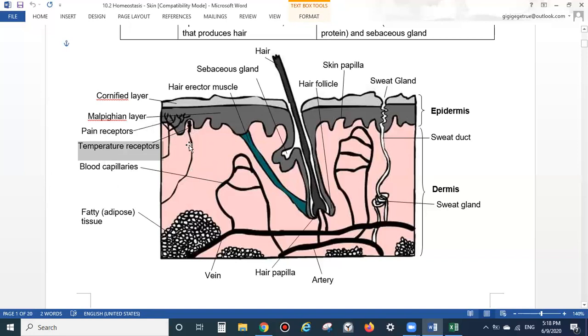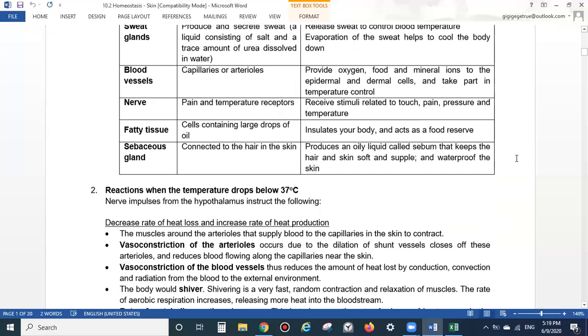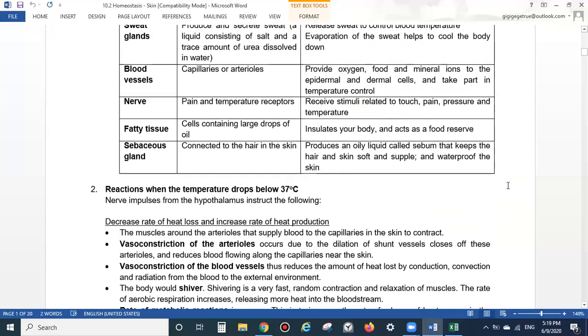Your pressure receptor is always helping you to decipher whether it is a very low pressure or a very high pressure being pressed onto your skin. If it's very high pressure, it will become unbearable and it becomes pain. Okay? So this one you can go through on your own.